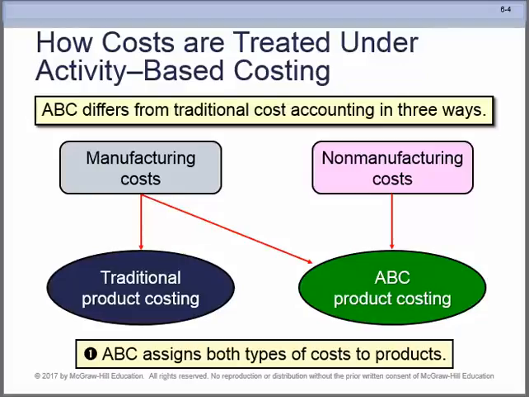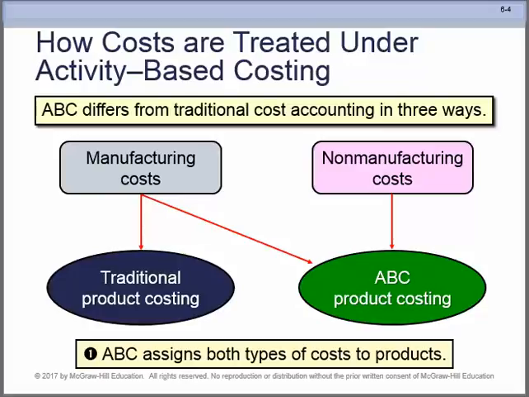So, for example, if we have ABC systems, they can assign sales commissions, shipping costs, and warranty repair costs to specific products. Now, that sounds an awful lot like variable costing, doesn't it?